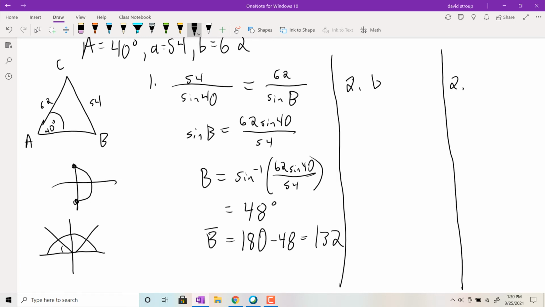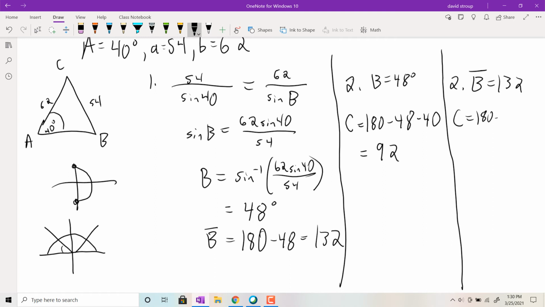For the case where B is equal to 48 degrees, you can automatically get C by using 180 minus 48 minus 40, and what is C then? 92. And then B bar is 132, so C will equal 180 minus 132 minus 40, which is a very small angle, but it still works. With oblique triangles, you can have one obtuse and two acute, or three acute.